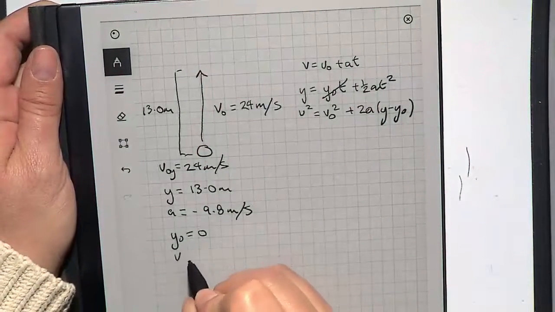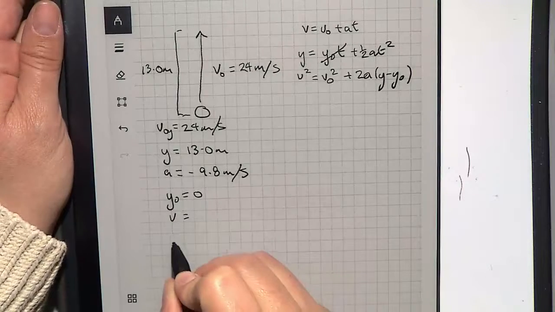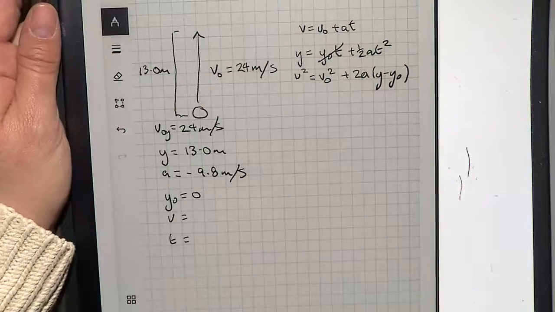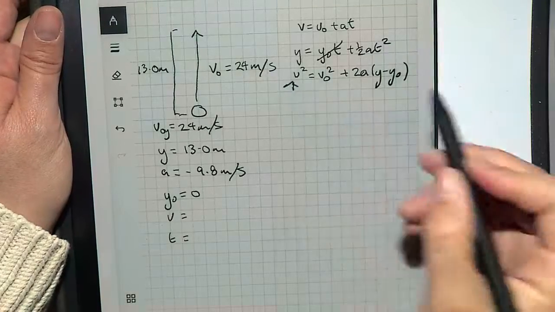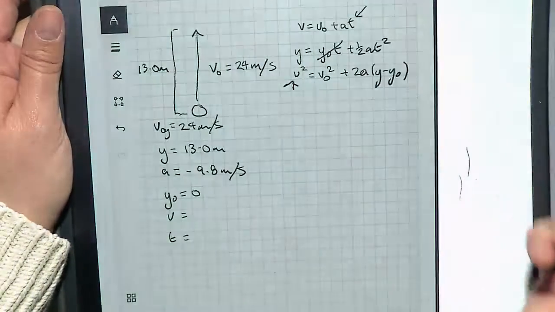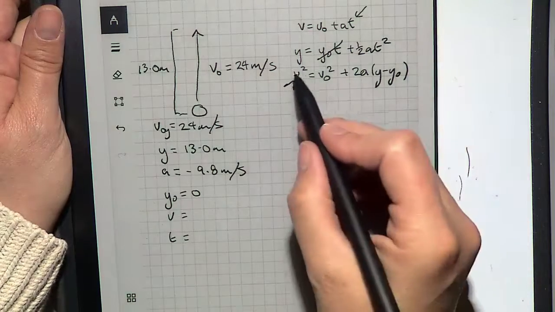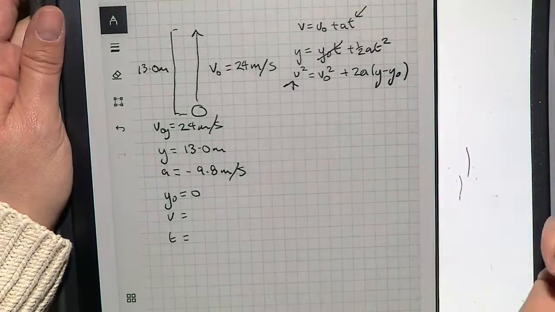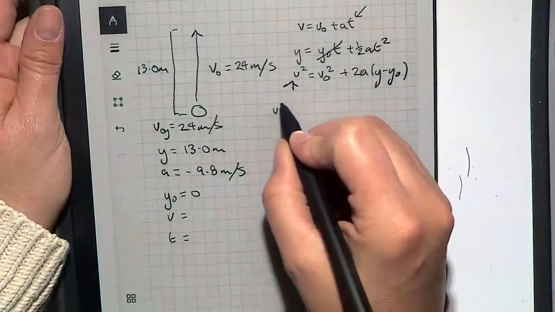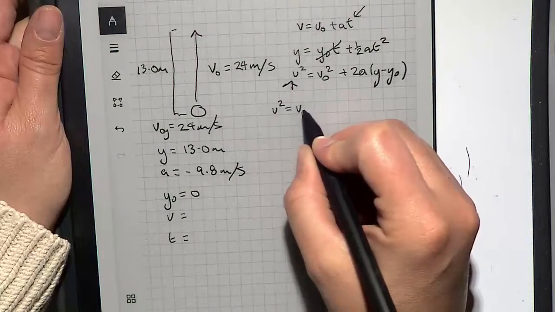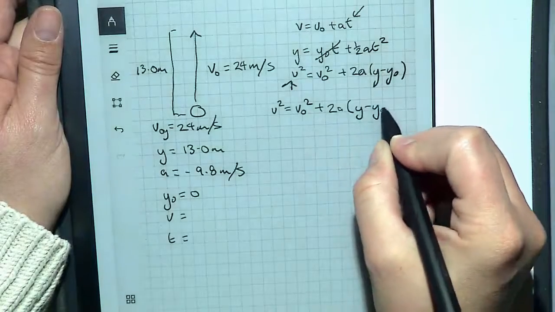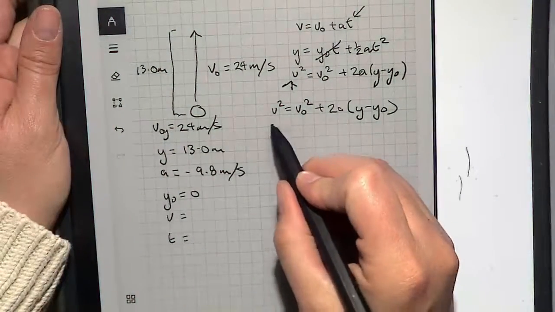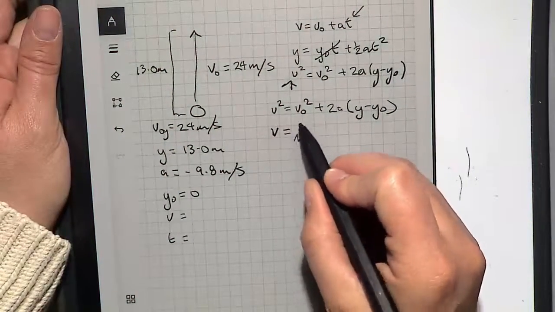But we don't know v, and we don't know the time. All right, so what we can do first off is we can find v, and then we can find t. So what we're going to do is use this equation here. So for this one we get v squared is equal to v naught squared plus 2a times y minus y naught. And we have to get rid of the square here, so we can square root both sides.